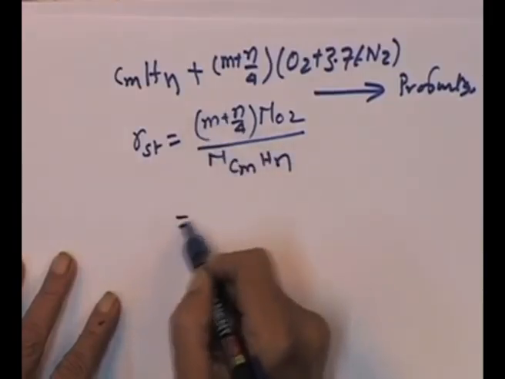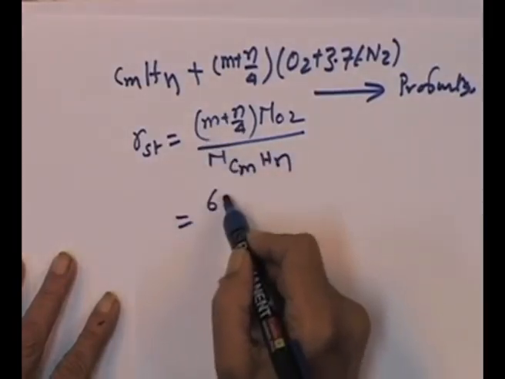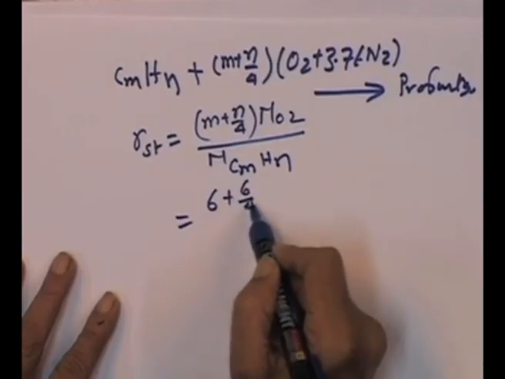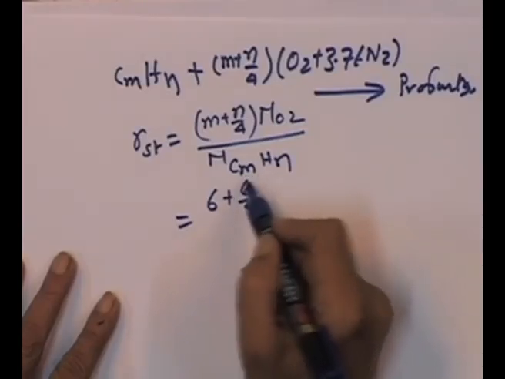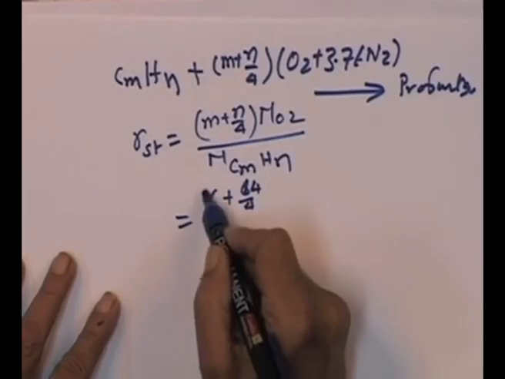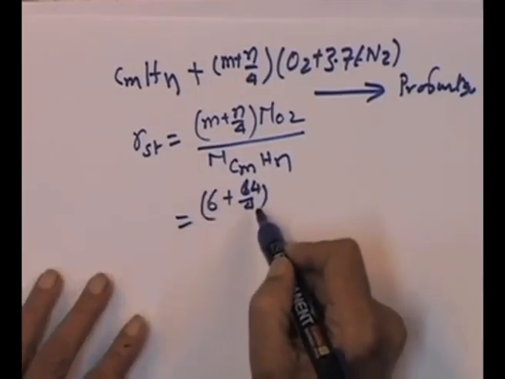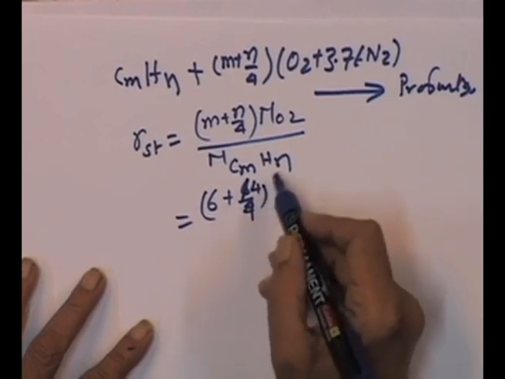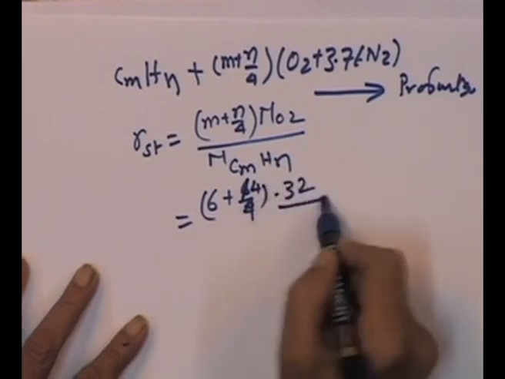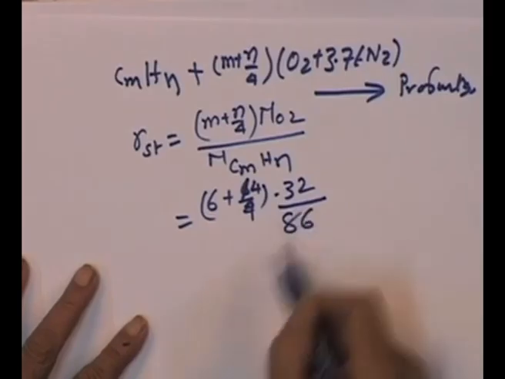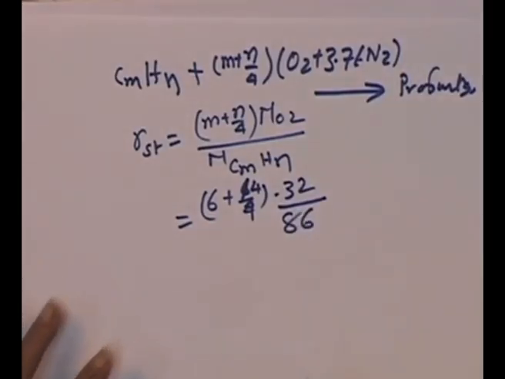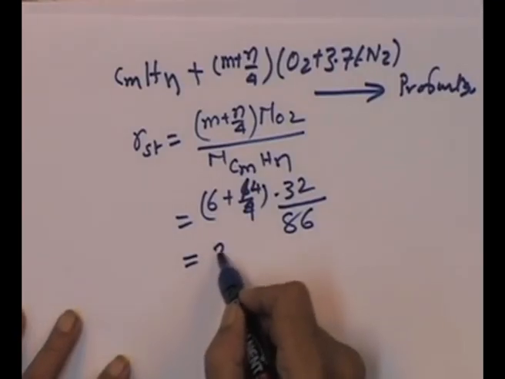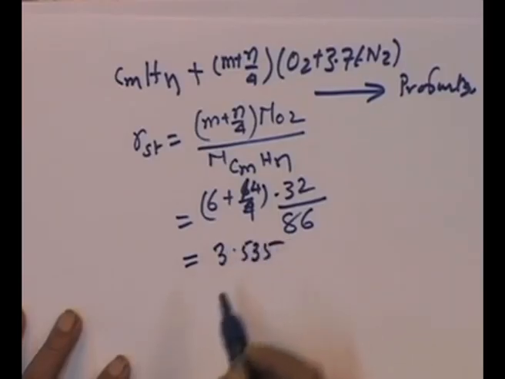So, in our present case, m is equal to 6, n is equal to 14, beg your pardon. So this is (6 + 14/4) into 32 divided by molecular weight of this, which is 86, and that is what I have done, and that would give you 3.535.